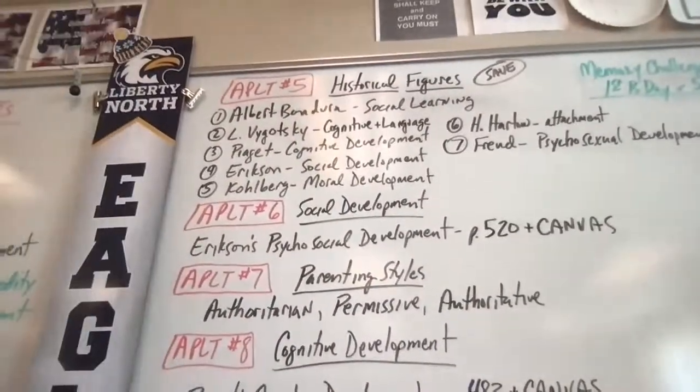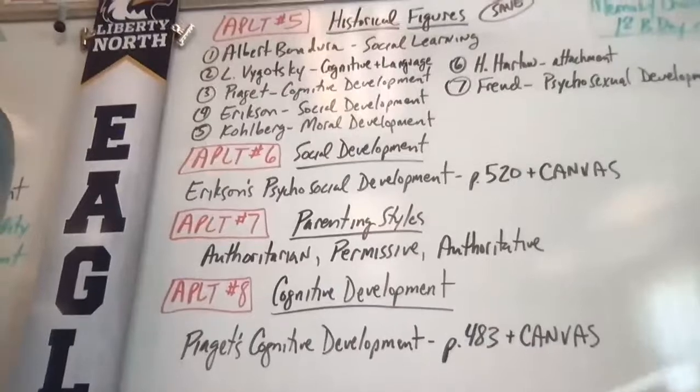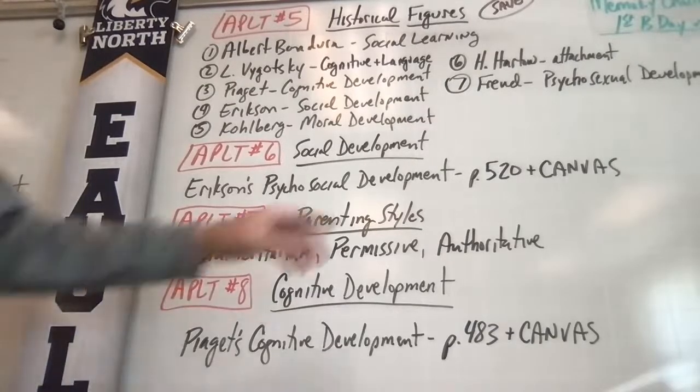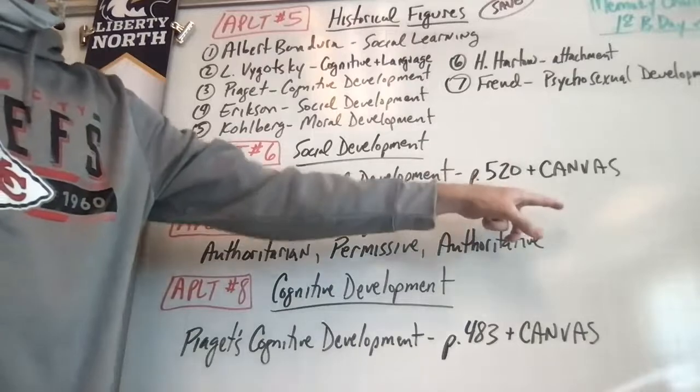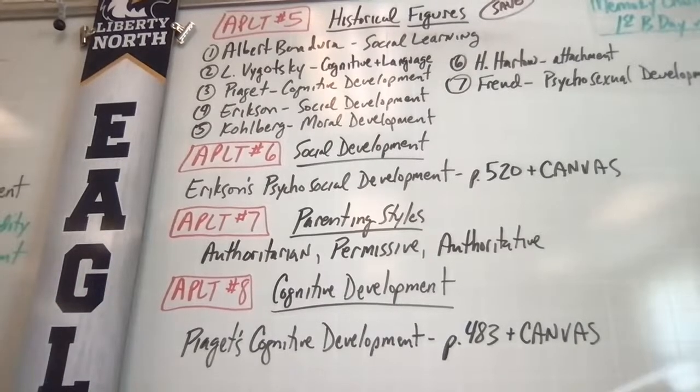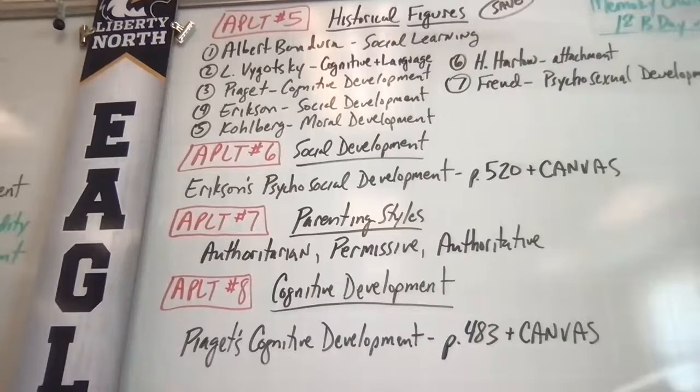And then what we have is AP learning target number 6, which we already talked about, which is nature nurture, but specifically with social development. On page 520 and also in Canvas, you have Erikson's psychosocial stages of development. What Erikson basically said is we're going to develop through 8 stages of social development.